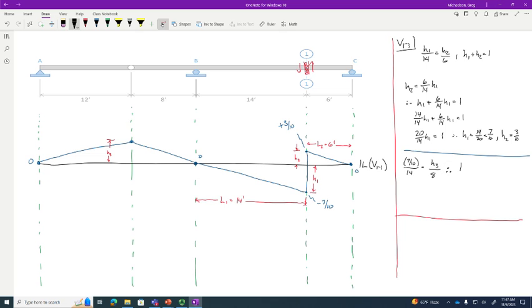Therefore, H3 is 7/10 times 8 over 14, which is, so let's see, that right there is 2. And then, so that is 8 over 20 or 4 over 10. What do you think? Not too bad, right?